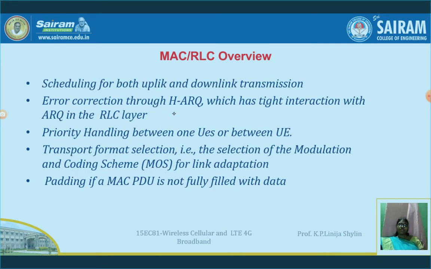Then scheduling, that is scheduling for uplink and downlink transmission. Then error correction. The error correction we call the hybrid ARQ function with soft combining, because HARQ has the ARQ process as well as the forward error correction process. Then wherever padding is needed, whenever the MAC PDU is not filled with data, padding is also done.